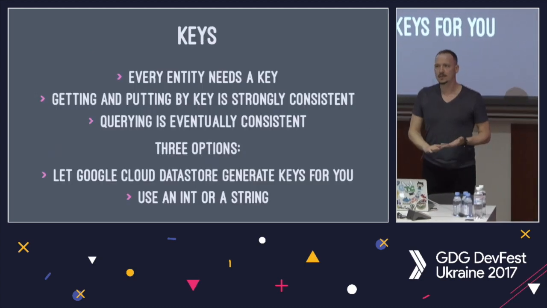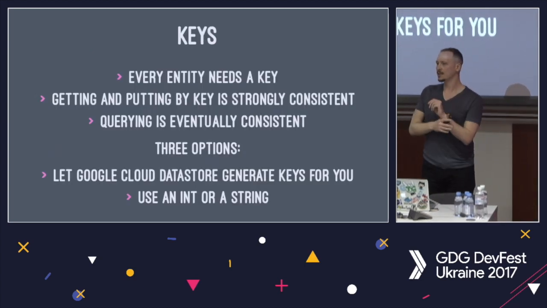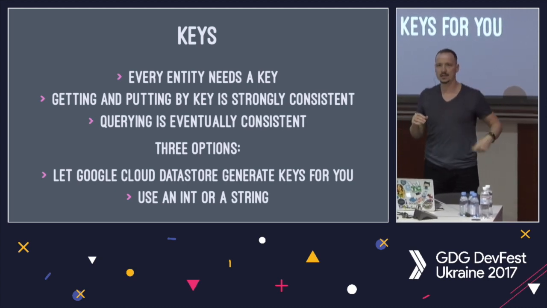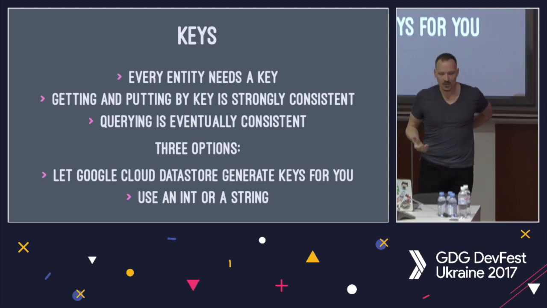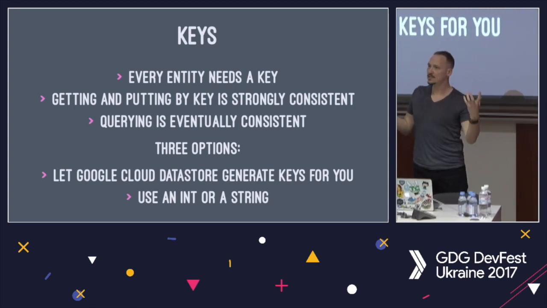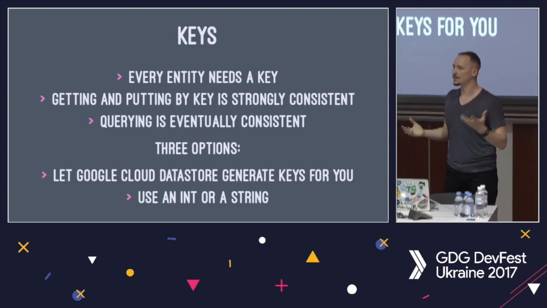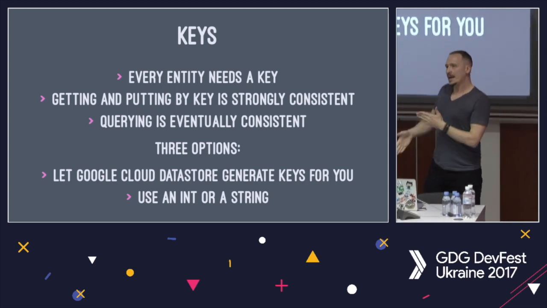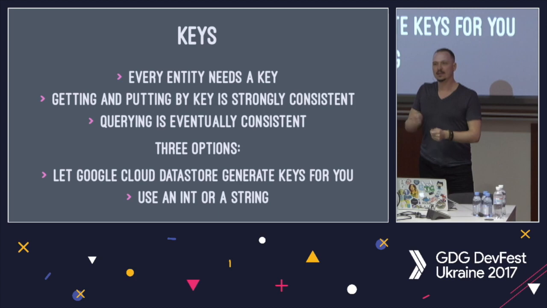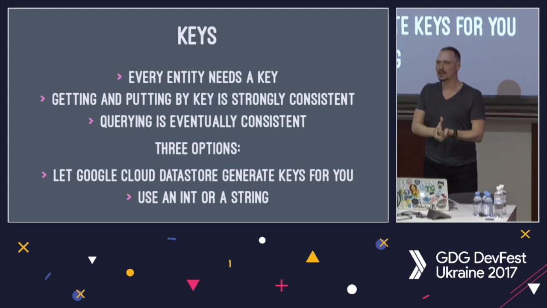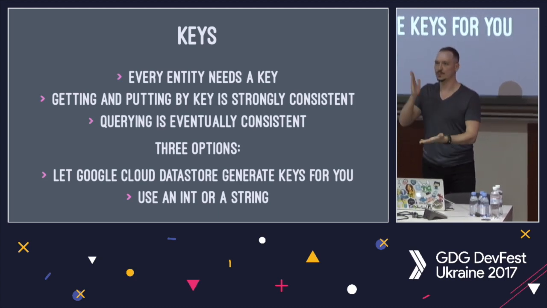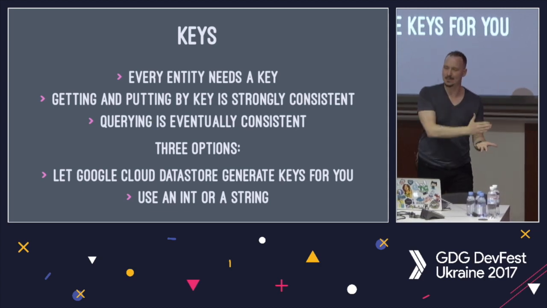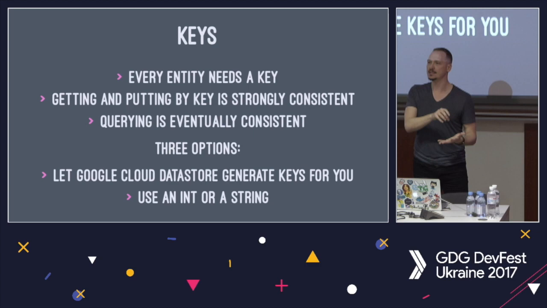Keys are a bit weird. It's not like in Postgres, where you'd have a table with a column that's an ID and a primary key. You don't have that. Keys and entities are completely separate. If you get and put things using the key, then it's strongly consistent, which means if I update my email address, put it, and then get it immediately, it's going to have the updated email address.